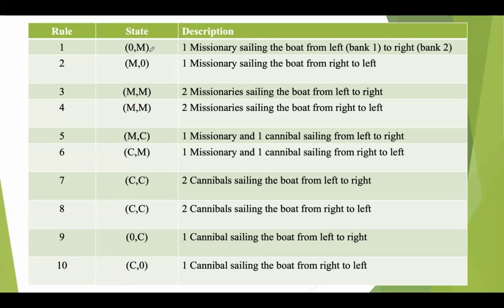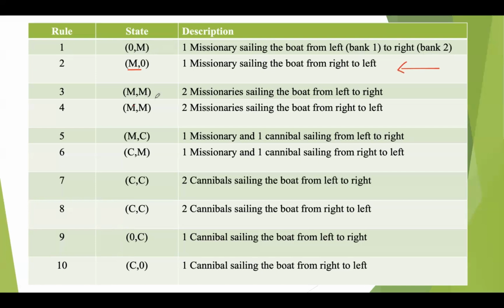If the state is represented as 0, m, it indicates that there is one missionary sailing the boat from the left side of the river, which can also be represented as riverbank 1, to the right side of the river, that is riverbank 2. If it is moving from destination to source, that is from right side to left side, then the state should be represented like this: one missionary sailing the boat from the right side of the river to the left side.